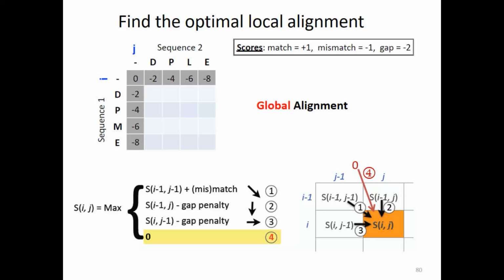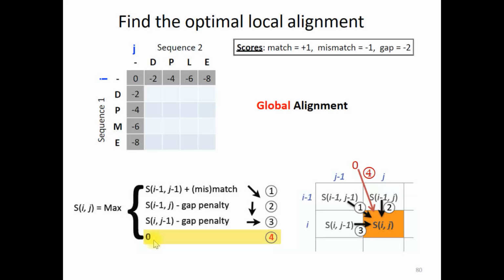We still use the example from the global alignment section to demonstrate the local alignment algorithm. Here is exactly the same as before: same score matrix, same sequences to be compared, except that 0 is added into the iterative function of the dynamic programming.